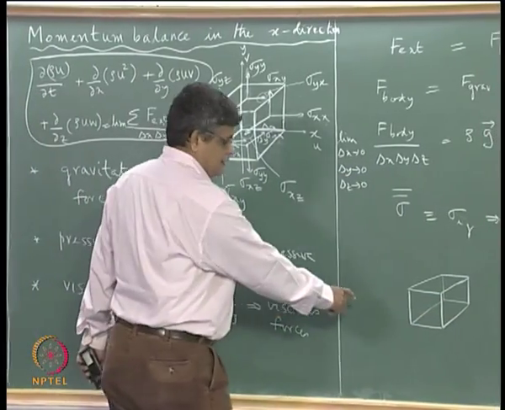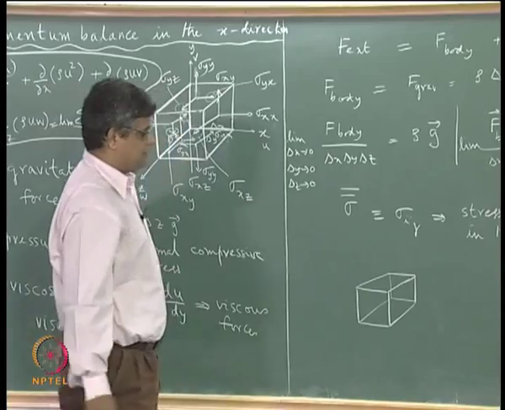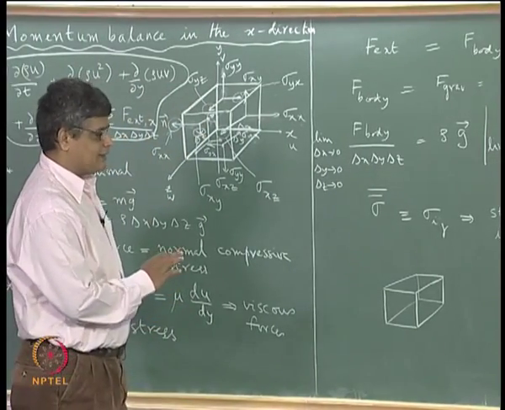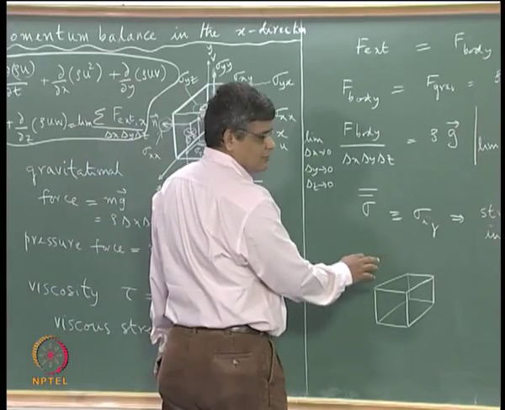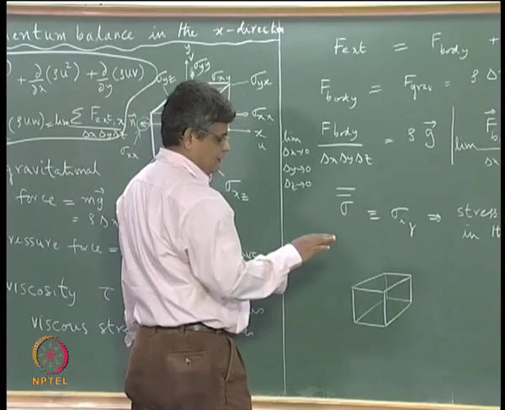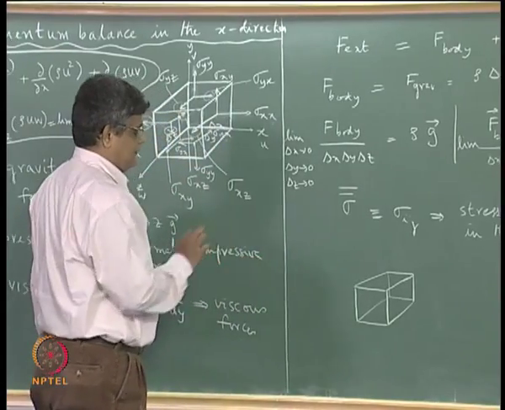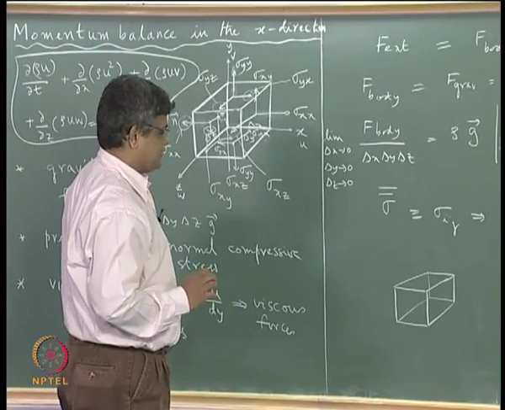then on each of the 6 faces there are 3 stress components acting, and out of the 3 stress components, one is a normal stress and the other 2 are shear stresses.